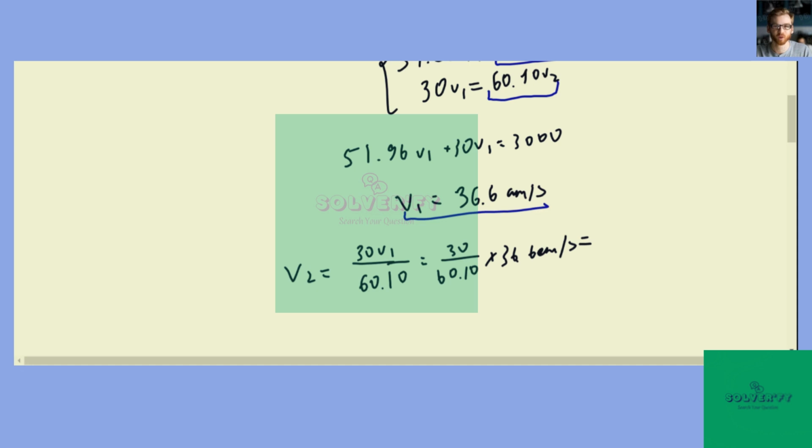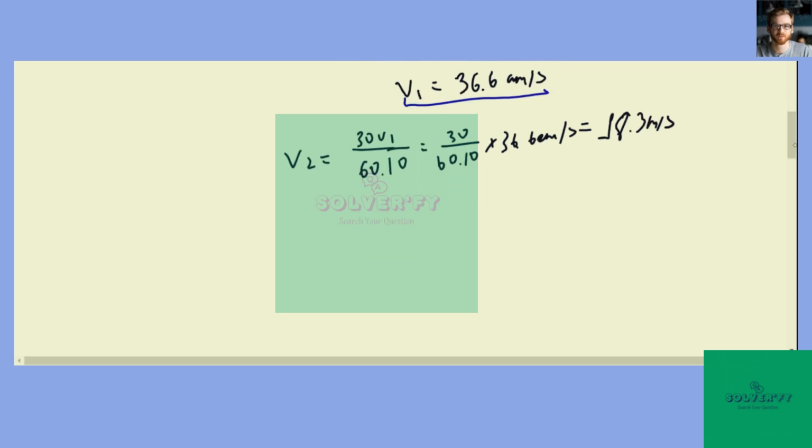Let's calculate this number. It equals 18.3 centimeters per second. So now we have the solution: 36.6 centimeters per second for v1, and v2 is 18.3 centimeters per second.